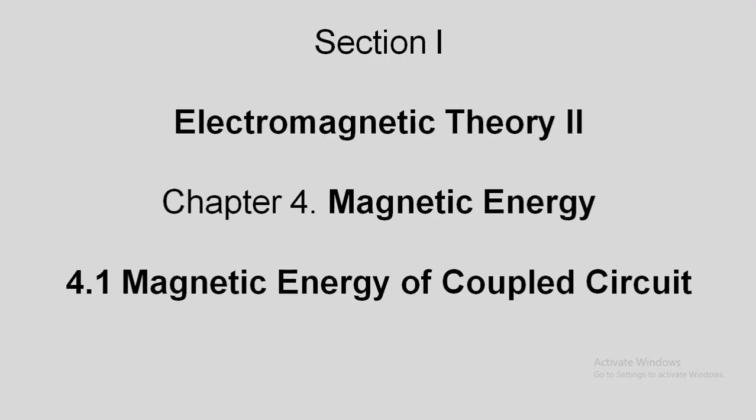Now, magnetic energy is stored in the magnetic flux, that means magnetic field lines. Just like we have electrical energy, there is a magnetic energy. So first, we'll calculate the magnetic energy of the coupled circuit.